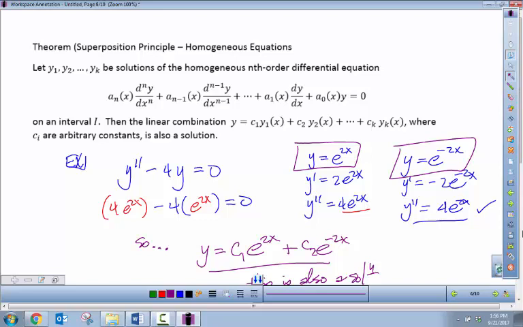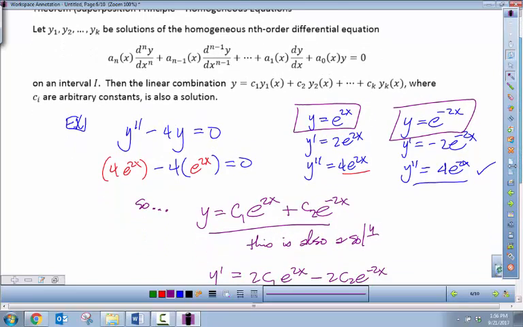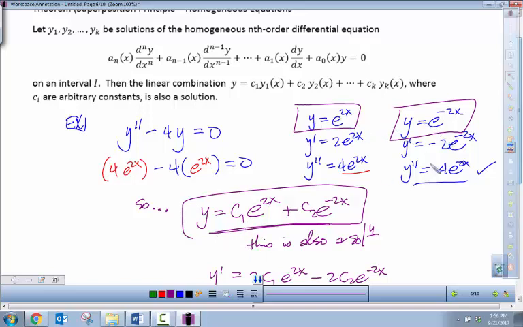But if we go back to this example that we had earlier, we have a second order differential equation, and then we have two solutions that we've shown were linearly independent. Then, according to the superposition principle, we have a general solution that's simply a linear combination of those two linearly independent functions.